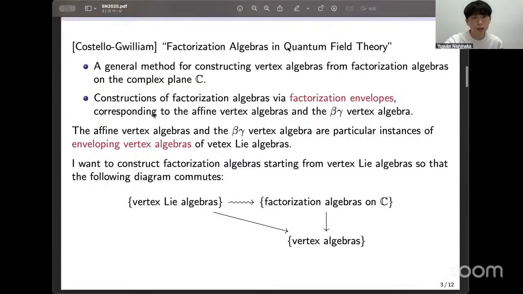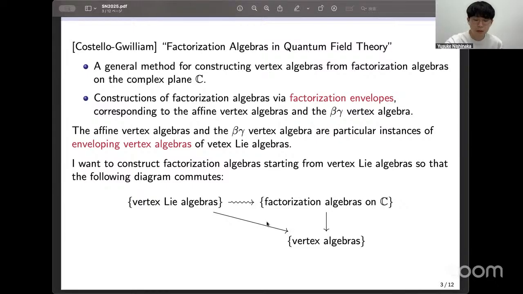Since the affine vertex algebras and beta gamma vertex algebras are both realized as enveloping vertex algebras of vertex Lie algebras, it is natural to try to generalize their construction to vertex Lie algebras. In other words, we want a construction of factorization algebras starting from vertex Lie algebras in a way that makes this diagram commute. Today's goal is to explain this construction.